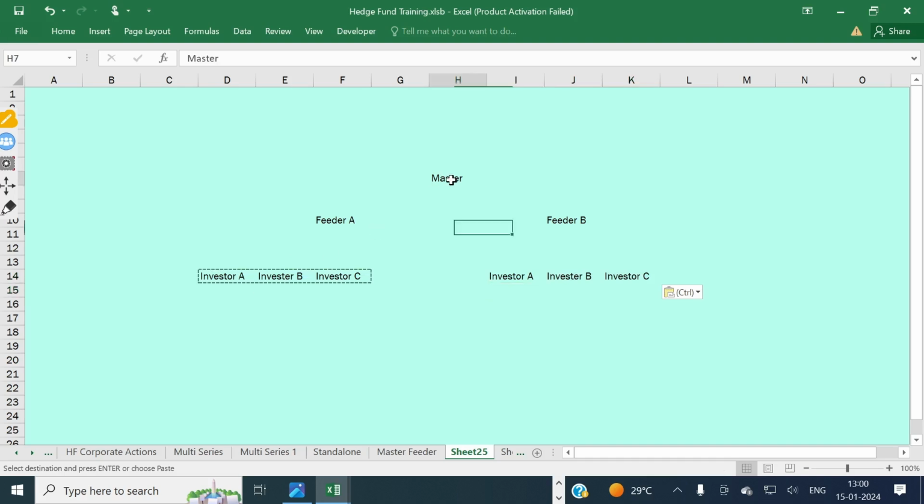So now the master basically focuses on the investing part.